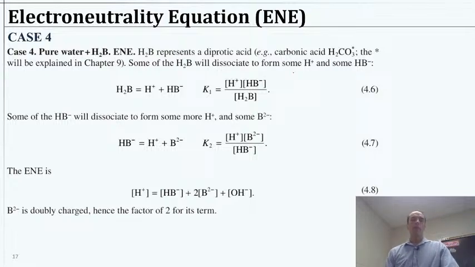And so now we have two equilibrium constants because we have the equilibrium of H2B. We'll call this K1 here as shown. And then once we form this HB minus, we have a second one where that could then dissociate as well. So now we're adding several species into solution, and maybe in some cases one species might be negligible, but it's better to just say, well, we don't actually know what pH this is right now, so let's put all of the terms.